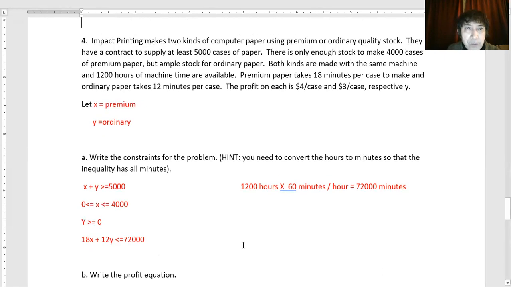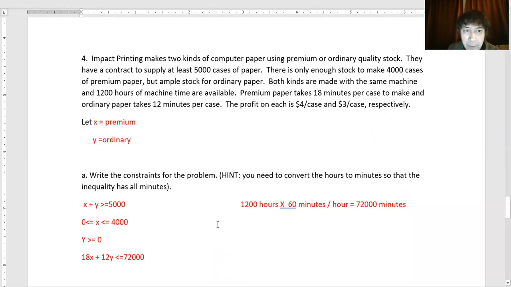So X represents the number of cases. Let's be very specific here. X will be the number of cases of the premium type of paper. And then the other one is ordinary.